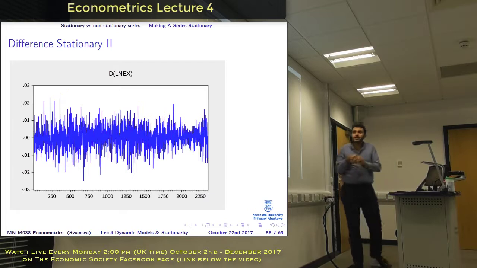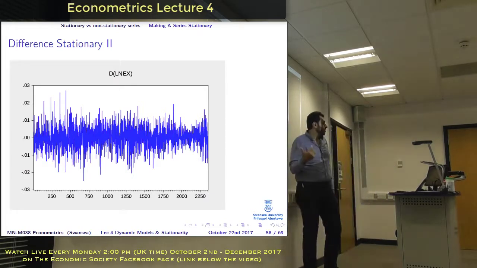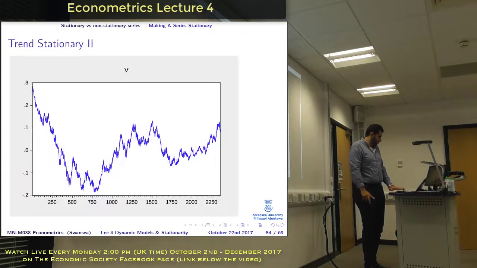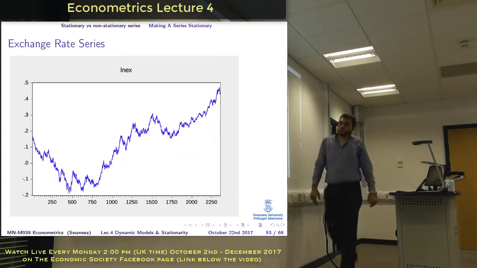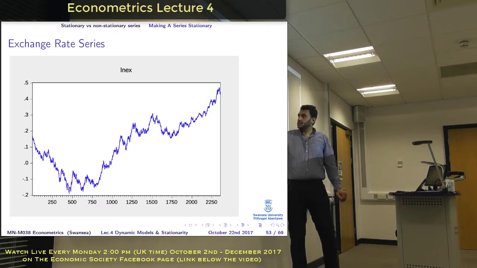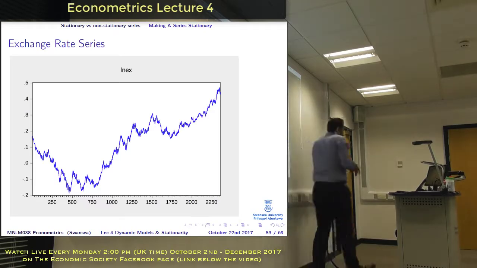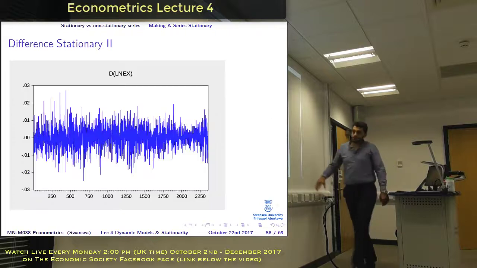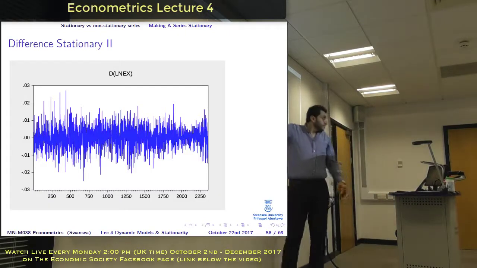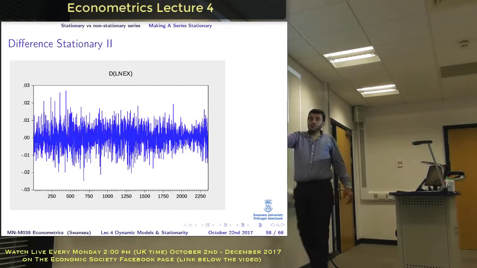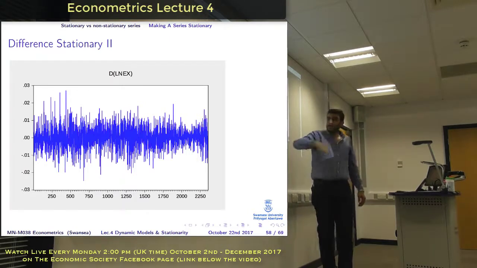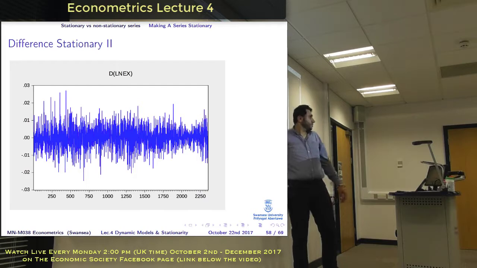This is how it looks when we take the first difference. If you compare this graph, the original time series, it has an upward trend, and it is very obvious it's not stationary. When you compare this to this one, it's going up and down around a constant mean over time.